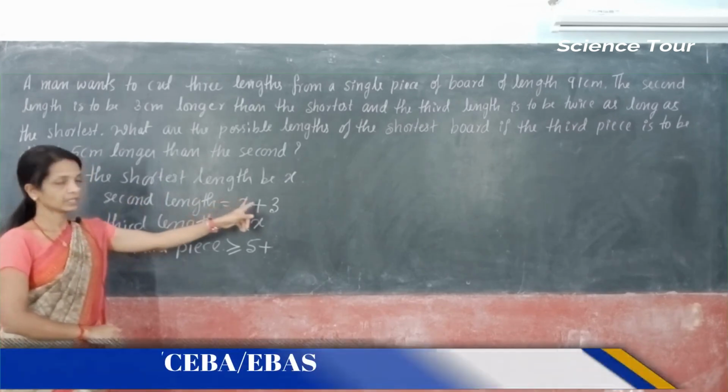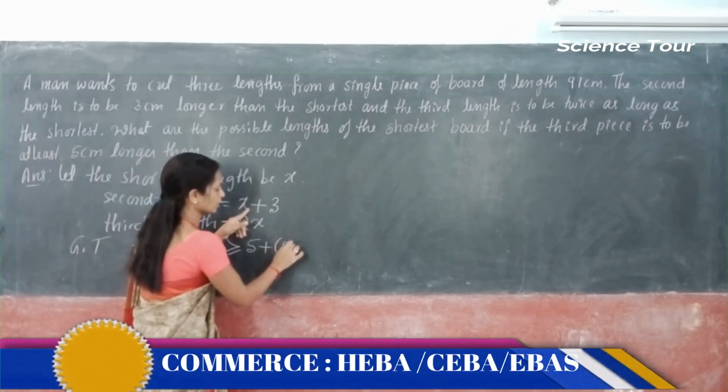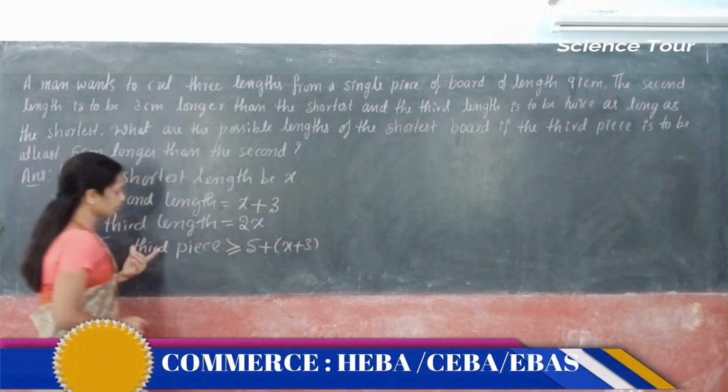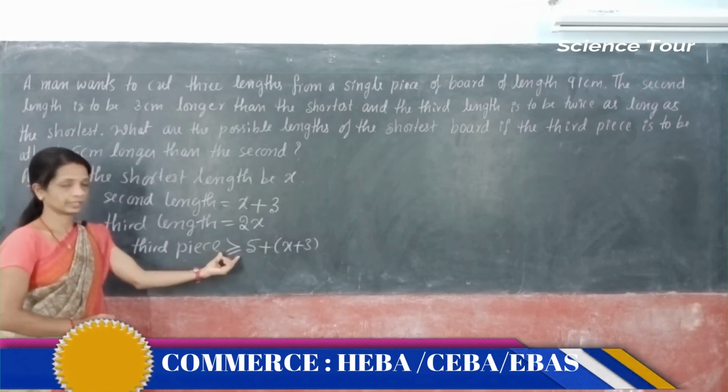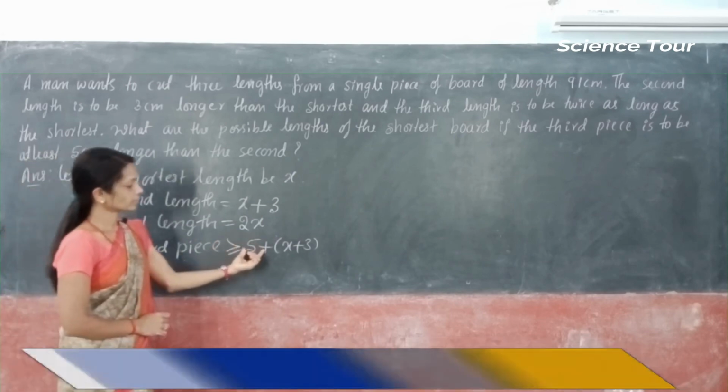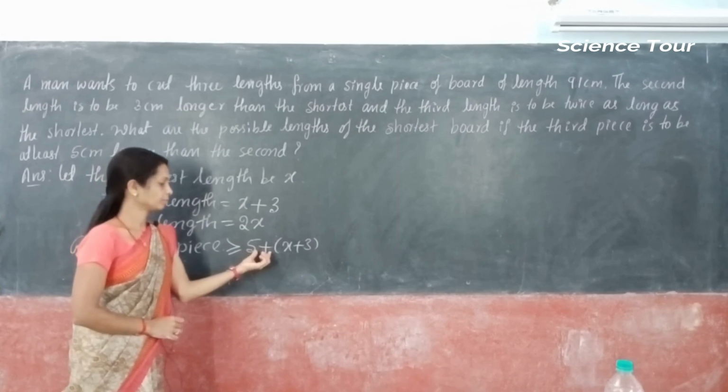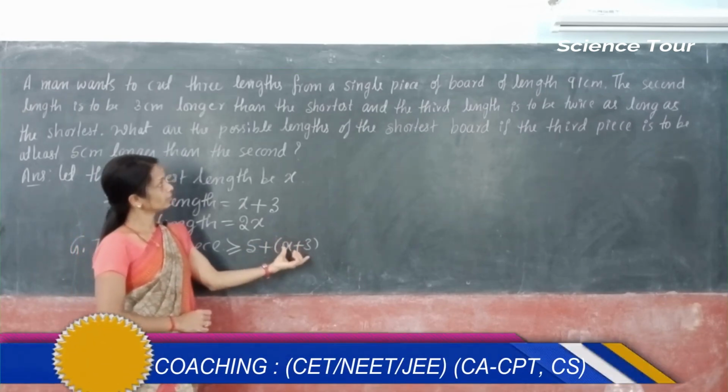What is the second? The second is x plus 3. So the third piece should be greater than or equal to 5 centimeter longer, meaning plus, than the second.